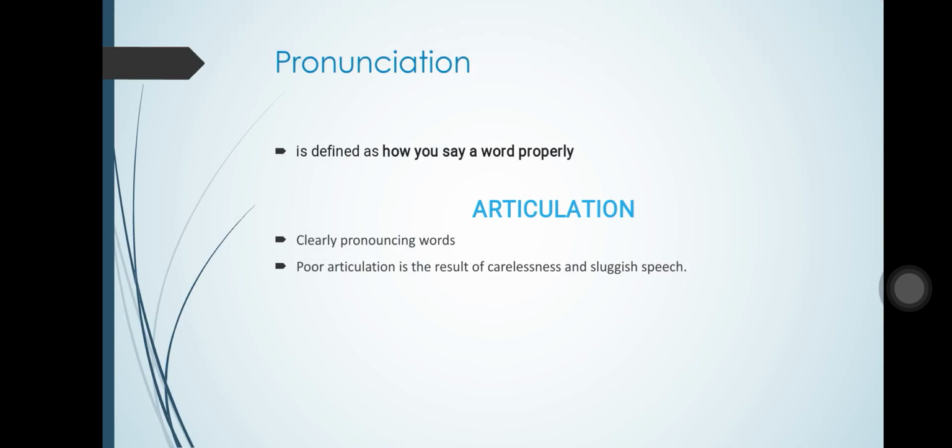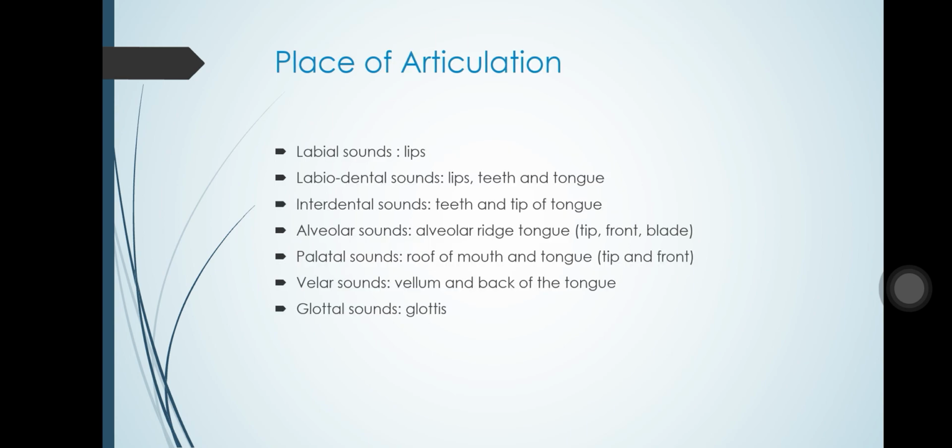And the last one is the place of articulation. The first one is labial sounds, or lips. This is from the Latin word labium, which means lip. A sound requiring the participation of one or both lips is a labial sound, or simply a labial.